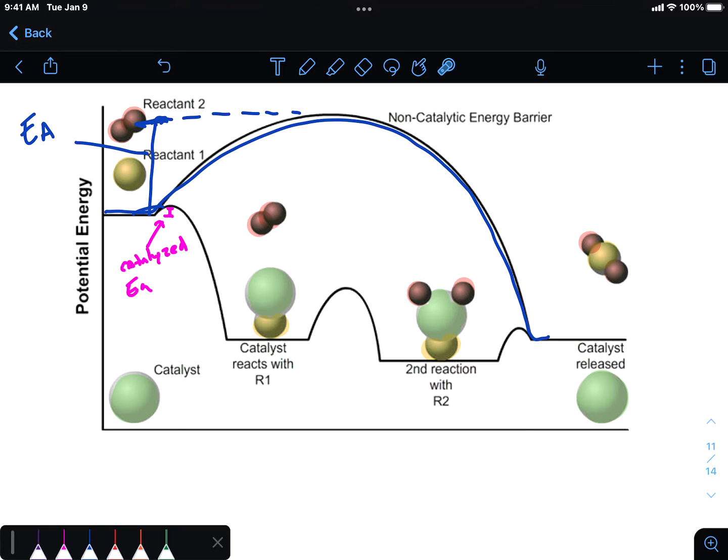Now you might notice that this happens in sequence, and so this would then indicate a two-step mechanism. The catalyzed pathway is a two-step because this point right here, this is an intermediate.